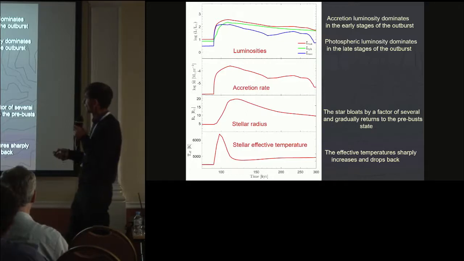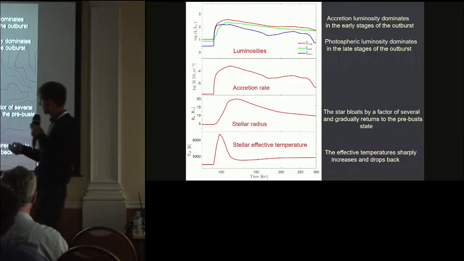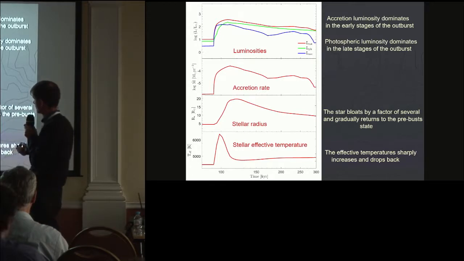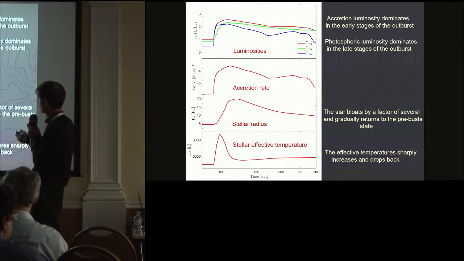So what's the reason for this excursion? This shows the mass accretion rate during the outburst, and in the top panel, the red line is the total luminosity, photospheric plus accretion. But we also show separately the accretion luminosity and the photospheric luminosity.